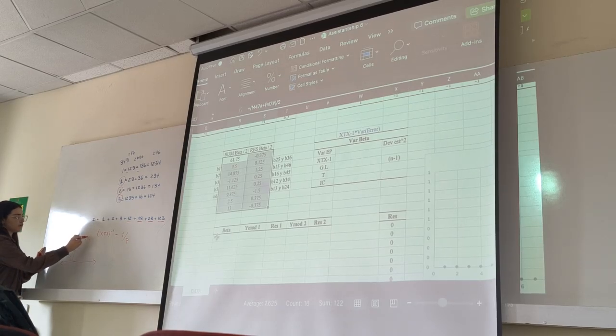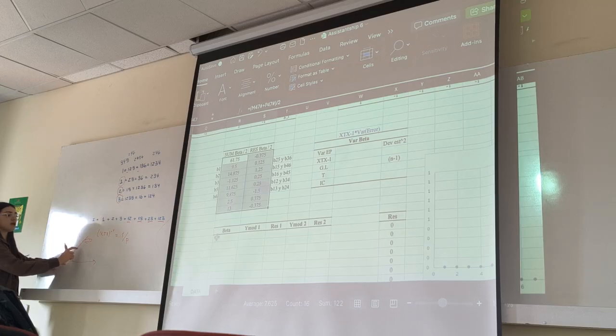We are going to have a line, something like this. The ones that are not connected to the line will be significant, in the case we don't have the confidence interval.